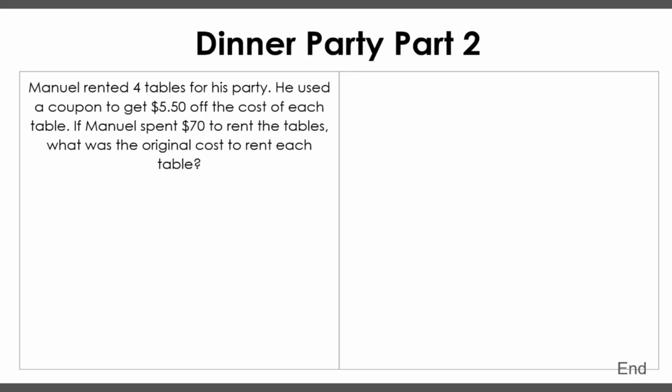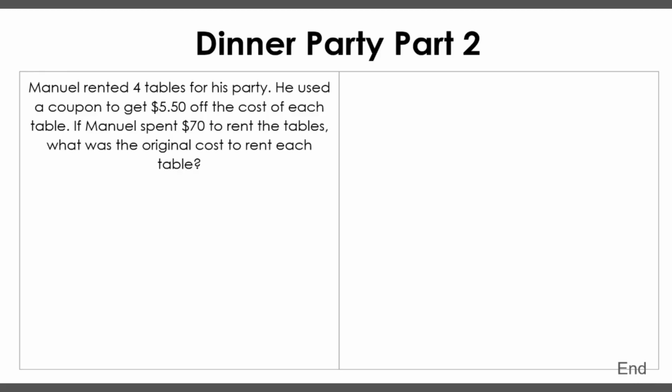So here we have a situation where Manuel rented 4 tables for his party. He used a coupon to get $5.50 off the cost of each table. If Manuel spent $70 to rent the tables, what was the original cost to rent each table? So I'm looking for the amount that each table cost.